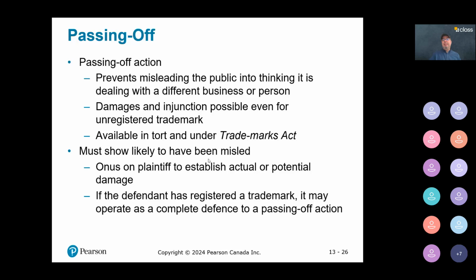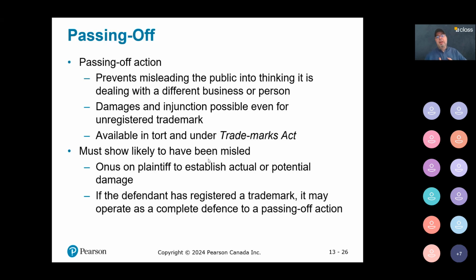Passing off. We did see passing off in chapter 4. Passing off is when the owner of a brand doesn't have that brand as a trademark, because you're not obliged to register as a trademark. Let's say I have a coffee shop. My coffee shop is JM, and I have a logo JM, but I haven't registered this logo. It's just a brand, but it's famous here in the neighborhood.